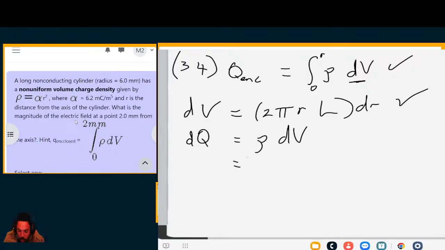We know that rho is calculated with the formula alpha times r squared. They gave that to us. And we've also determined that dV is 2 pi r times L dr. So now we have the formula for the charge. If we continue, the charge enclosed is from 0 to some r value that we want.